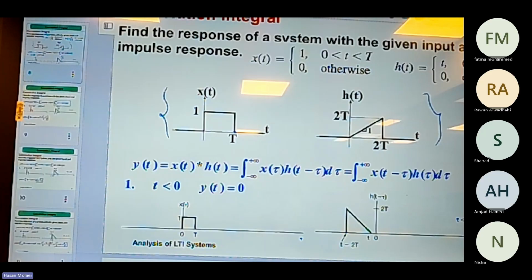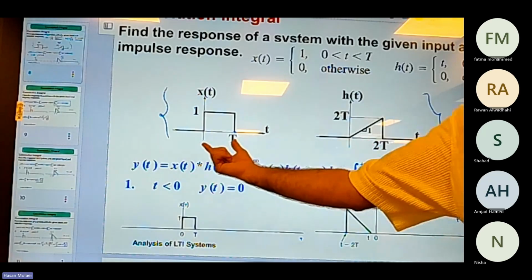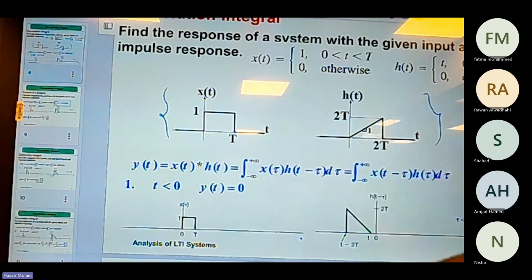The t minus tau: at first, you should shift it regarding t, and after that, time reversal. But the starting and end points of this shape would change. Here it's 0 and capital T. If you do that, the starting point is going to be t minus capital T.